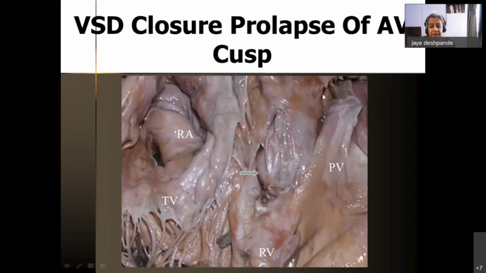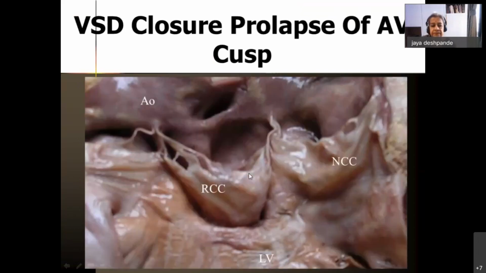For example, here is the perimembranous defect, and you have the prolapse of the aortic valve cusp closing the VSD. Here you see the right coronary cusp almost sinking into the VSD and closing it. So it is prolapsing into the VSD and closing the defect.